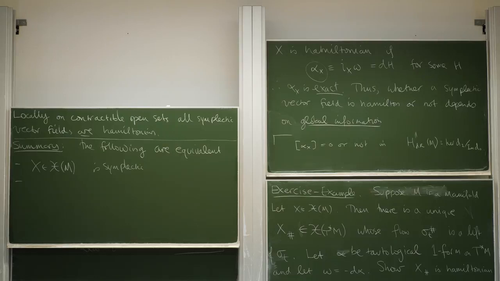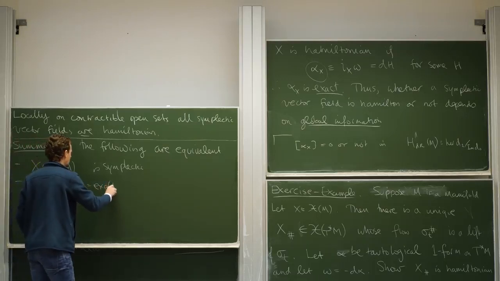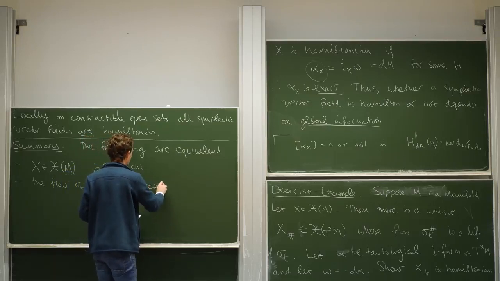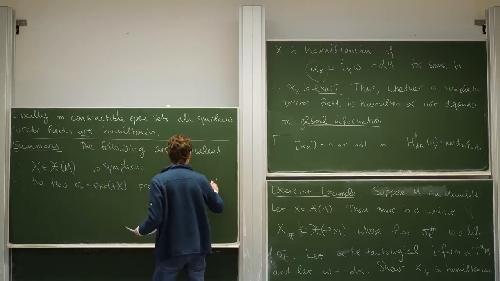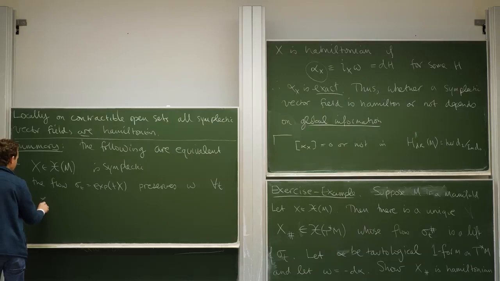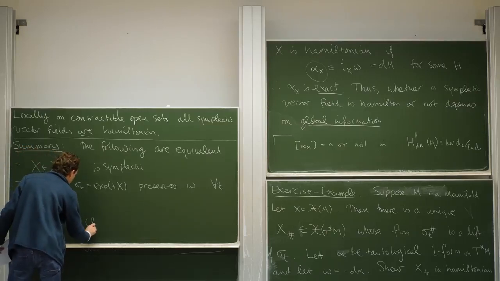A vector field is symplectic is equivalent to the flow sigma t of our vector field preserving the symplectic 2 form for all t, which is equivalent to the Lie derivative of the symplectic 2 form being 0, which is equivalent to I x omega being closed.